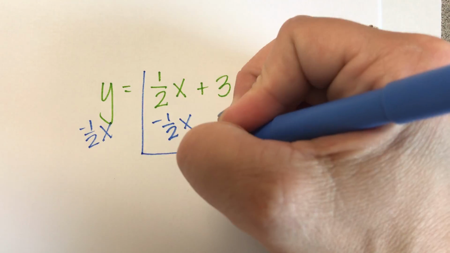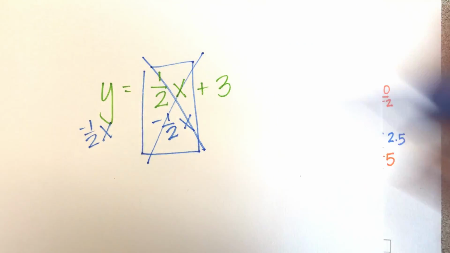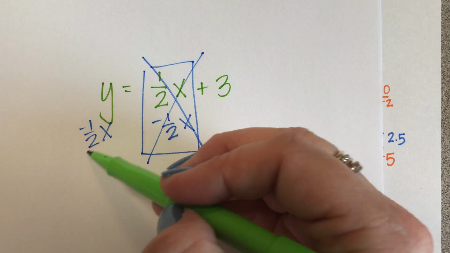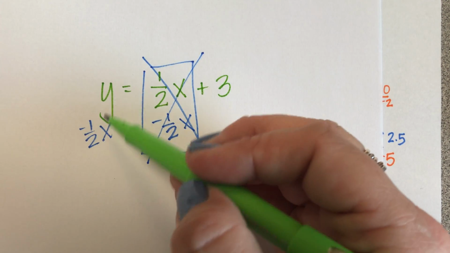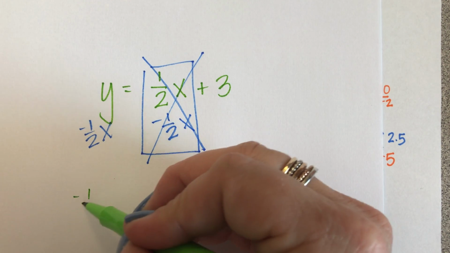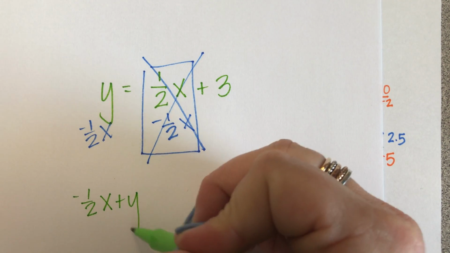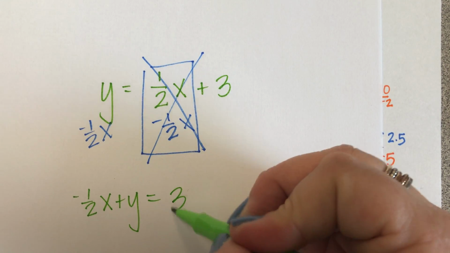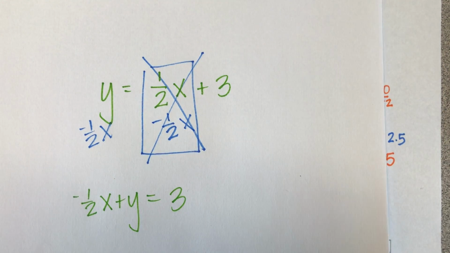If you have half an x and I take it away, now it's gone. So over here, I have negative 1/2 x, or minus 1/2 x, and a y. Can I add those together? No, they're not like terms. So I have negative 1/2 x plus a y, and over here on the right, I have equals 3.